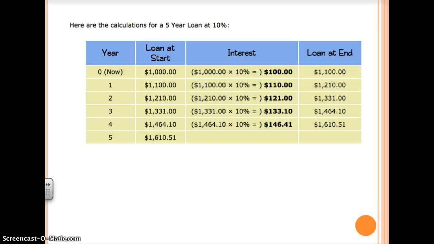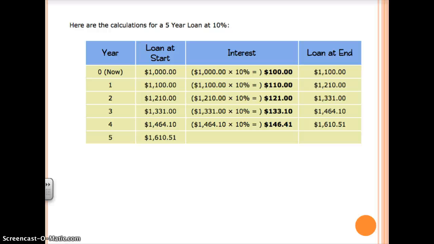Here's the calculations for a 5-year loan at 10%. Year 0 would be the starting spot, a $1,000 loan. 10% interest would be $100, so at the end of the first year, it would be $1,100. Now go into year 1.